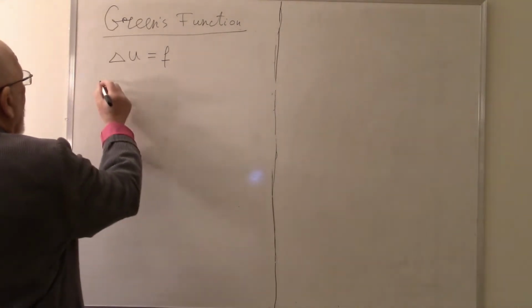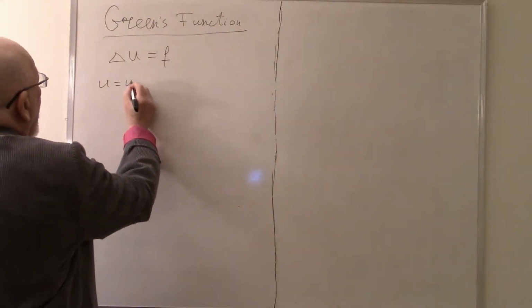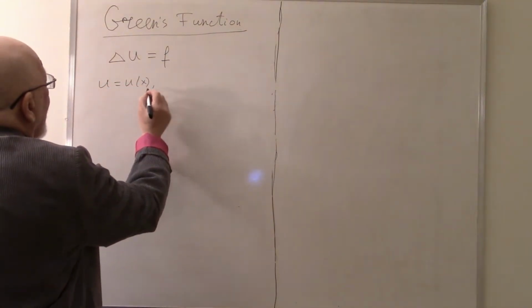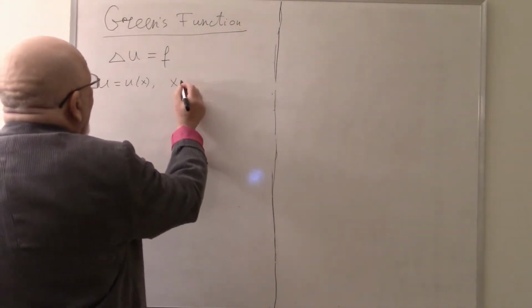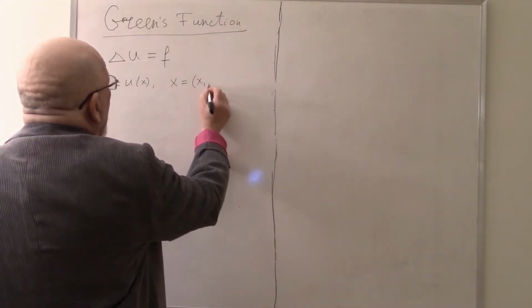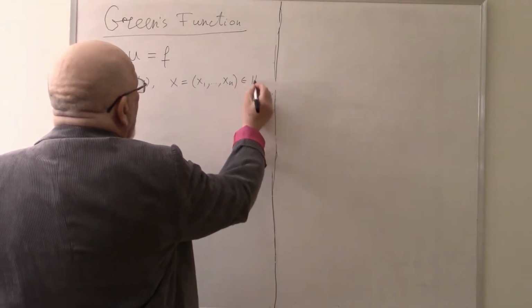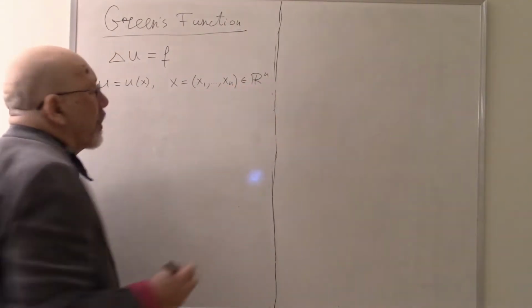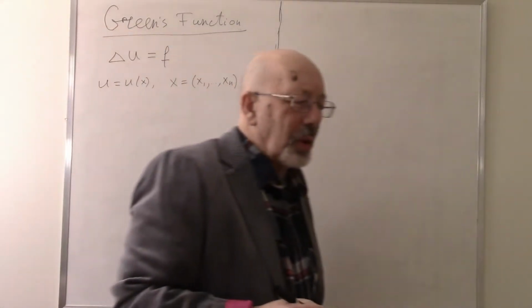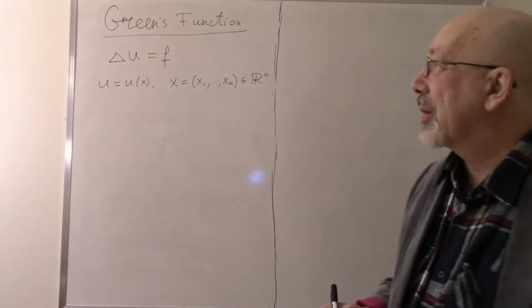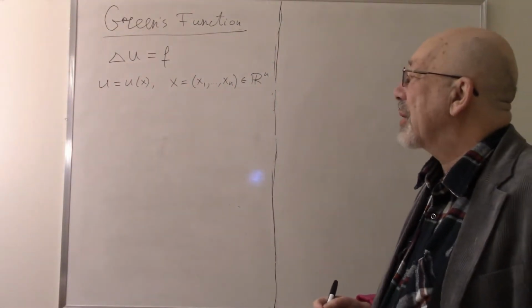Here u of x, x equals x1, ..., xn in Rn, but we usually don't solve this equation in the whole space.